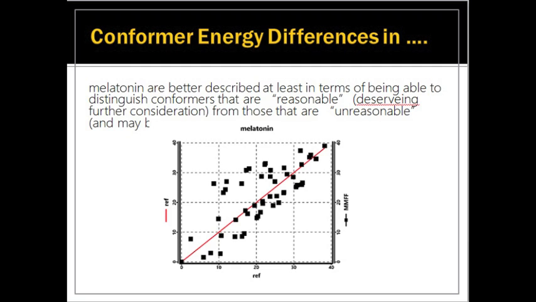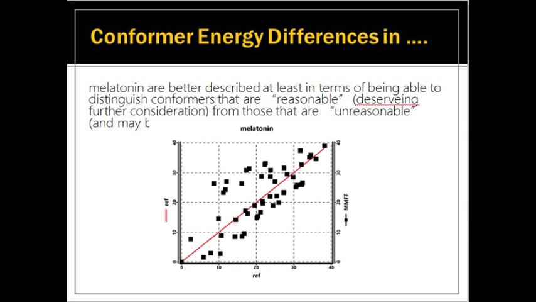Here you can see the conformers of melatonin, there are 50 something, and this is the reference, which is very good theory, versus MMFF. You can see that we've got a trend, and you could probably trust this up to some number, maybe 20, 30, 40 kilojoules. So we have no choice but to use mechanics as the initial filter.